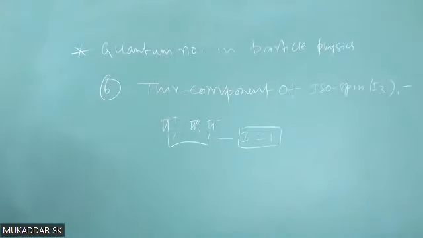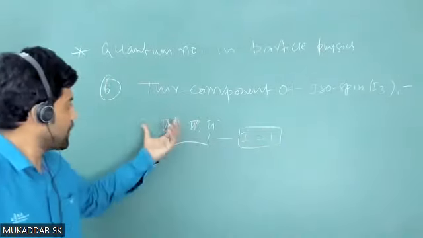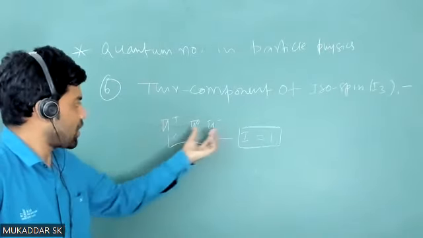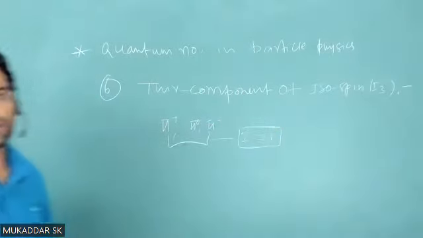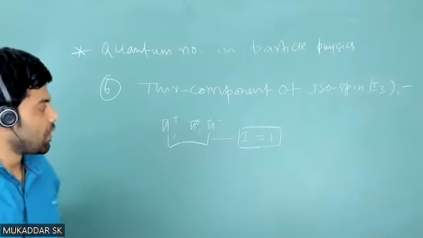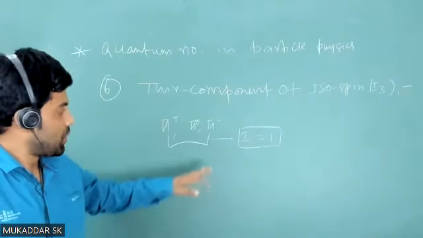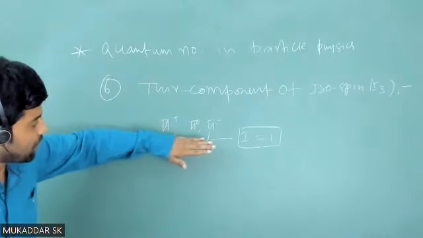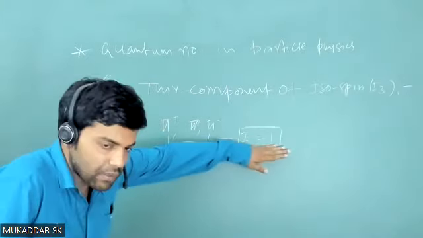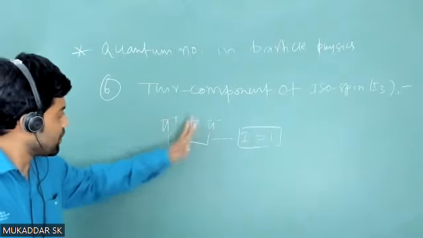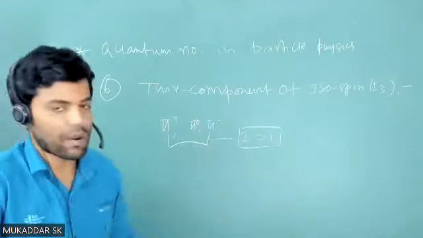So the particles have the same isospin but different charge states, and to distinguish their charge state, the concept of the third component of isospin came.